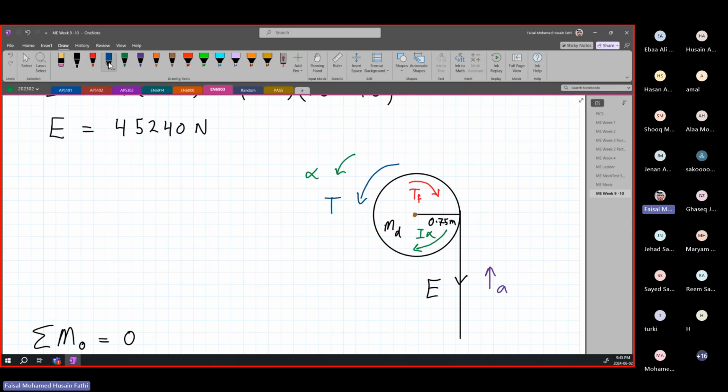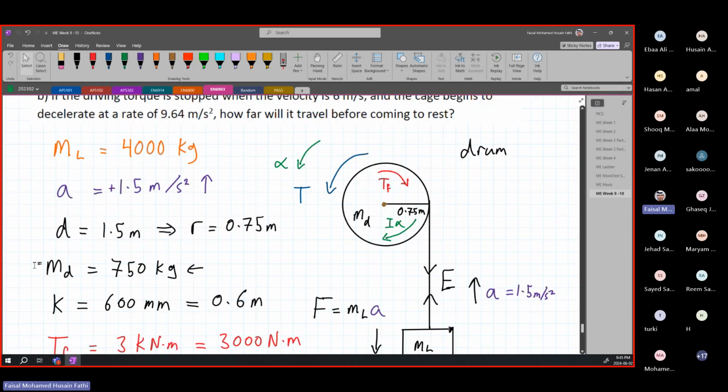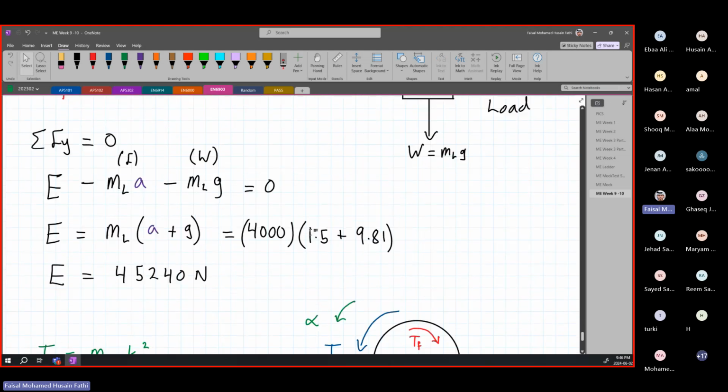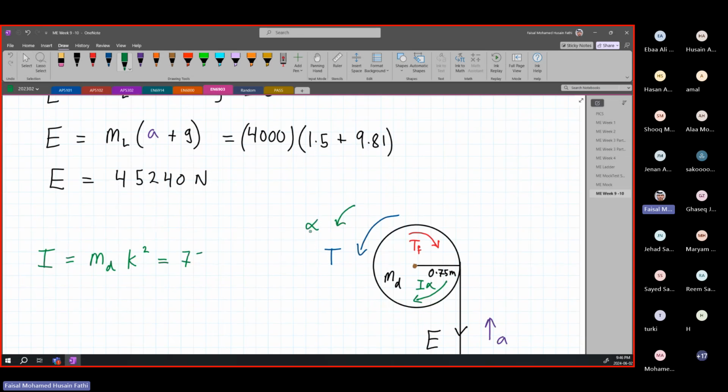We need to find our I value. So I is equal to mdk squared, where md was the mass of the drum, and k was the radius of gyration that we have found here. So it's 750 times 0.6. So 750 times 0.6 squared.